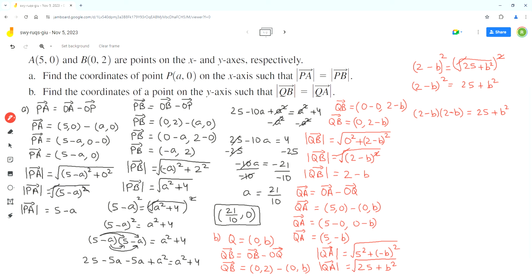Now we can distribute the terms using the FOIL method. Now we can combine like terms on the left side.